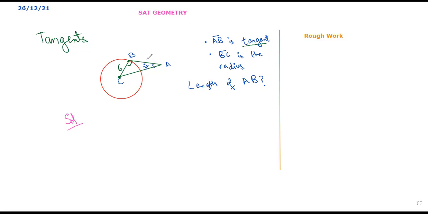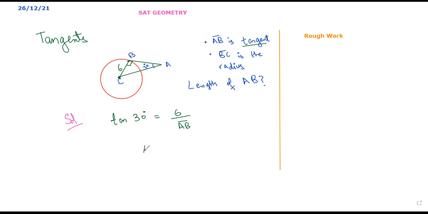So what are you going to use? Well, any trigonometric ratio? What if I use tan 30 equals radius over AB? Can I do it this way? Okay.